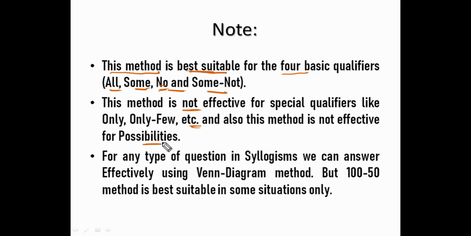In the exam hall we need effective methods, right? For any type of question in syllogism we can answer effectively using the Venn diagram method. The 150 method is best suitable only in some situations, for only these four qualifiers. As this method is there, I have mentioned it, but I prefer the Venn diagrams method only. Using Venn diagrams we can answer any type of question effectively, right?